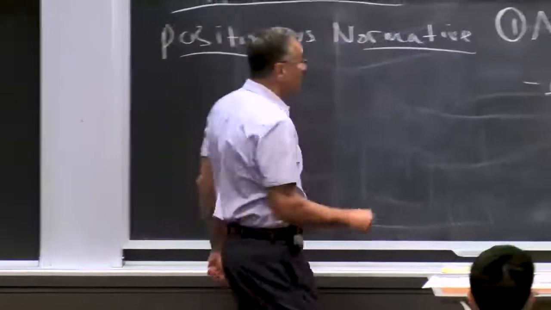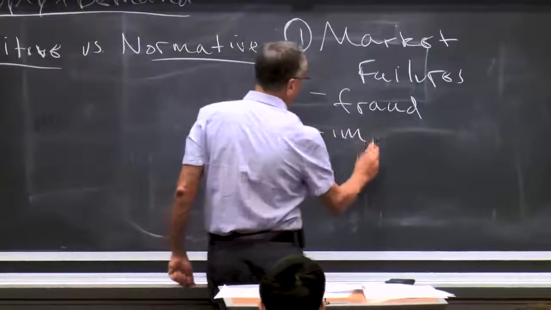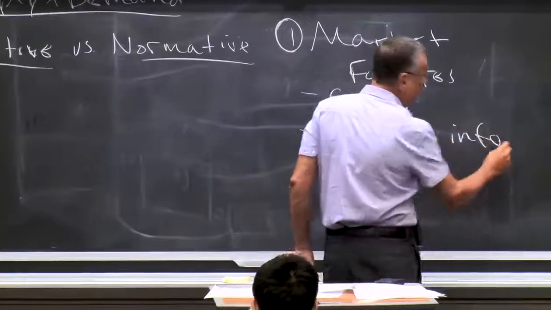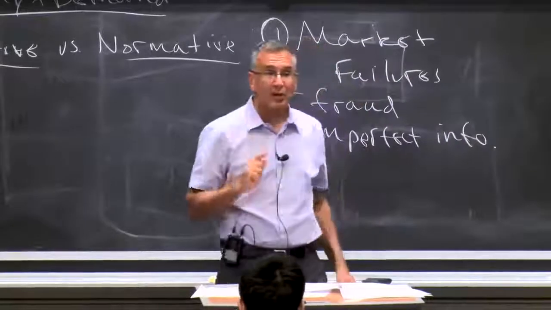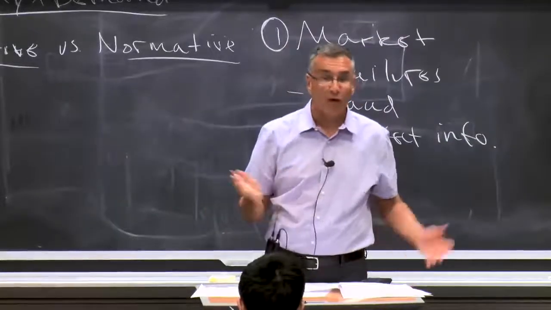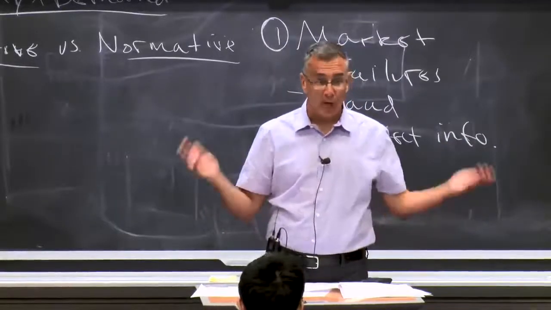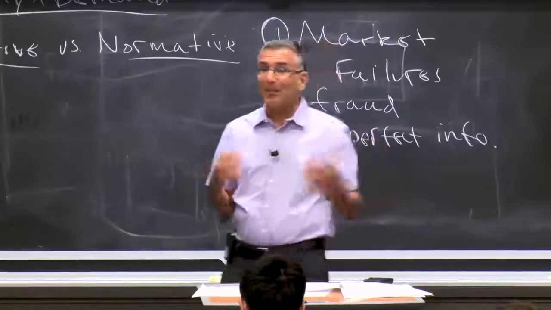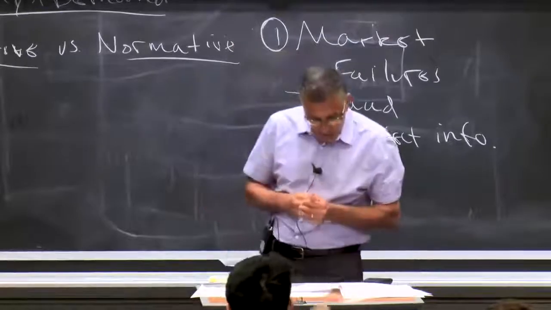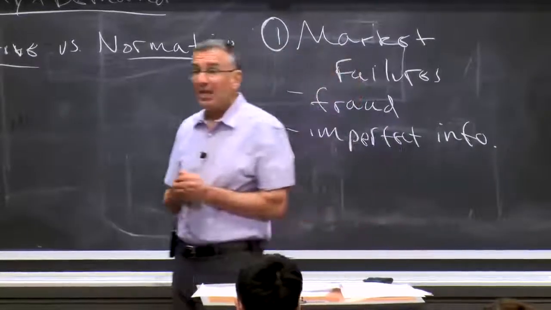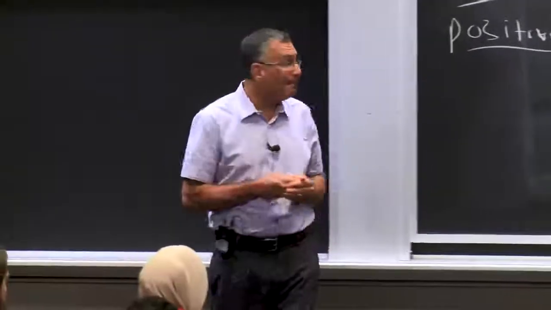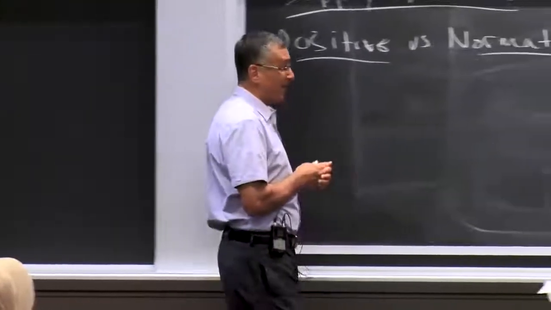Okay? There could be the example of imperfect information. Do you know what the odds are that you can spend the rest of your life with only one kidney? I don't either. Okay? We ought to know that before we start selling our kidneys. Okay? There could be imperfect information. Okay? This is one type of problem, which is the market may fail.